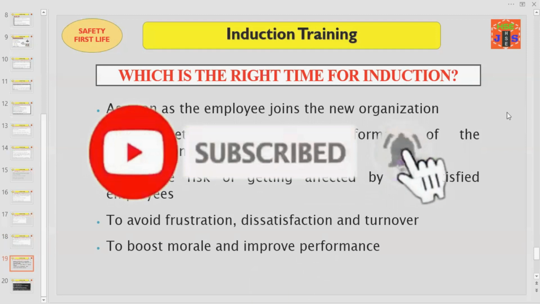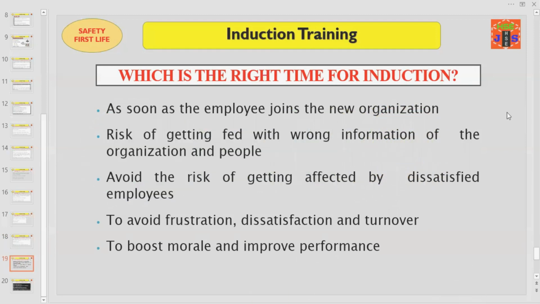Another important question is, which is the right time for induction training? You have to remember a few important points. Point number one, as soon as the employee joins the new organization, induction training is compulsory. Point number two, the risk of getting fed the wrong information about the organization and people.